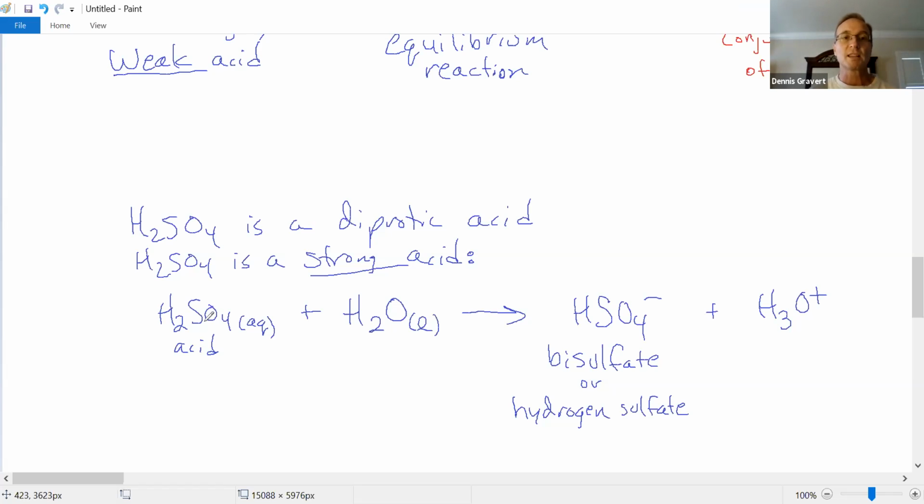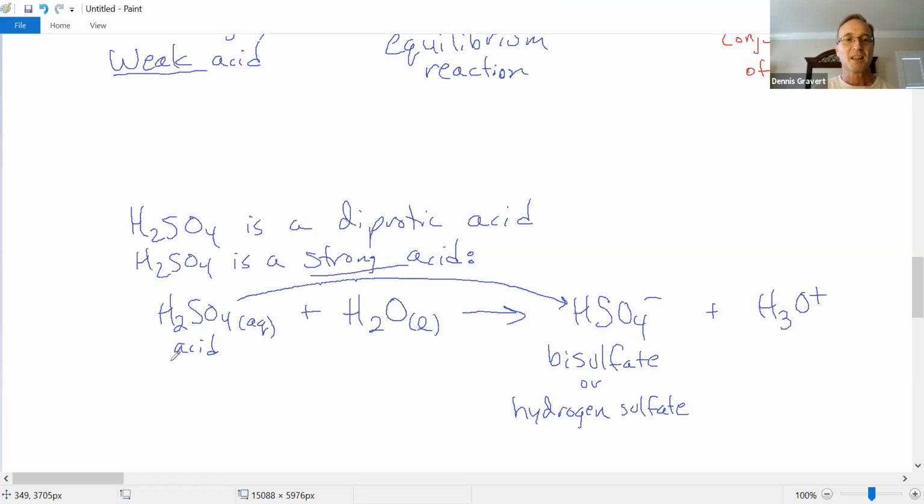Hey, so what's the conjugate something of sulfuric acid? Well, what became the sulfuric acid? It turned into this molecule. And if it grabs an H plus, it could go back. So this is actually the conjugate base. I know it's not a reversible reaction, so it's hard to predict what happens if it goes backwards.